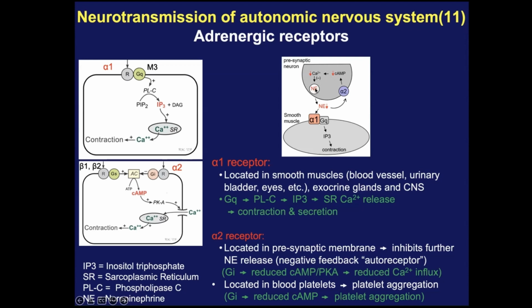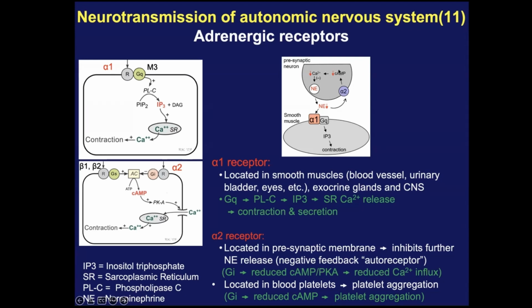When the norepinephrine, NE, is released from this nerve to the cleft, in addition to stimulating the alpha 1 receptor on the target cell, this NE can also bind to and activate the alpha 2 receptors in this presynaptic neuron.